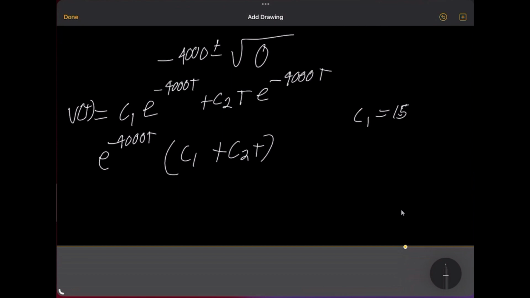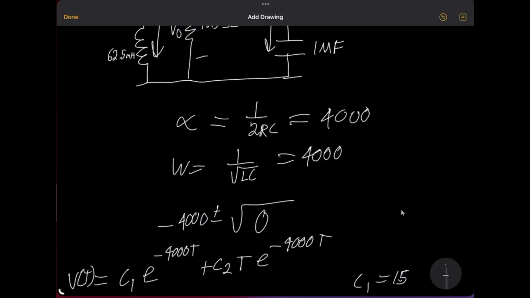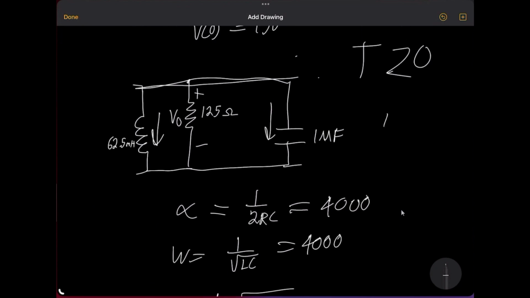We need to find the first derivative. We're going to use I is equal to C dV/dt. Right, divide C over, and we need to figure out the initial current through that capacitor.